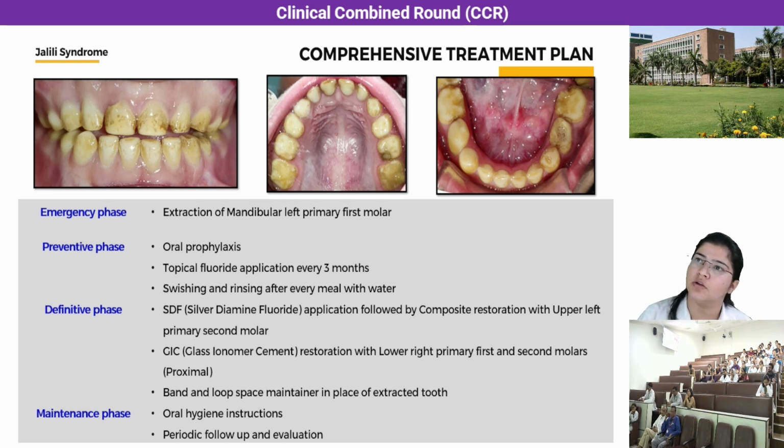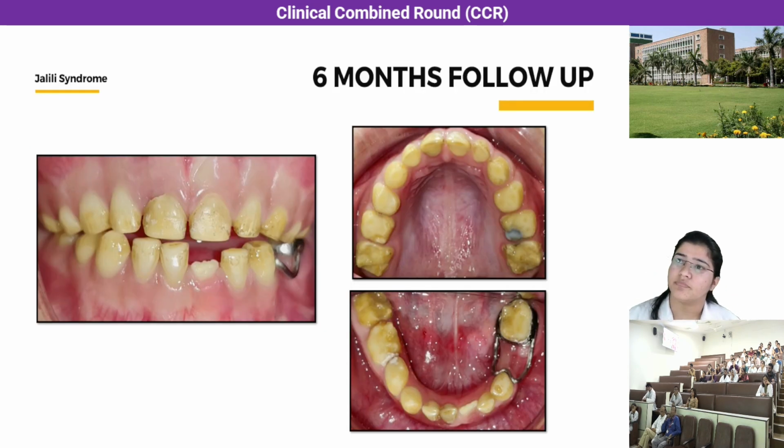This tooth and the tooth in the lower arch were restored, and a band and loop space maintainer was fabricated for the place where the teeth were extracted, so as to maintain the space for the erupting permanent tooth bud. In the maintenance phase, oral hygiene instructions were given to both the patient and the parent, and periodic follow-up was done.